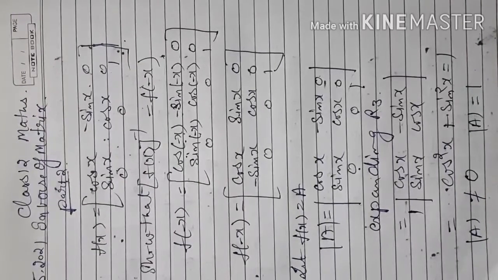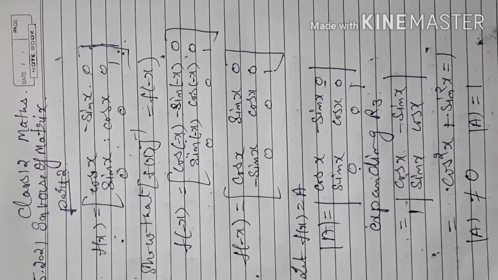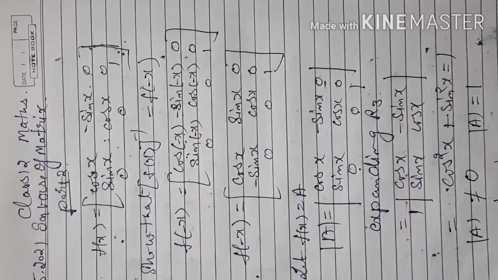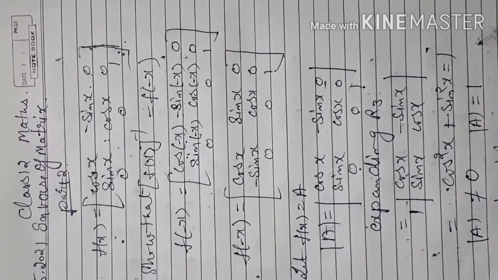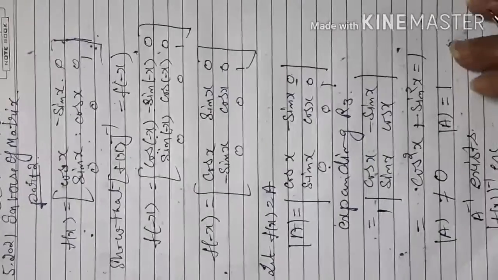We keep the determinant value as 1 aside. This being not equal to 0 shows that this is a non-singular matrix and A inverse exists, or we can say that f(x) inverse exists.